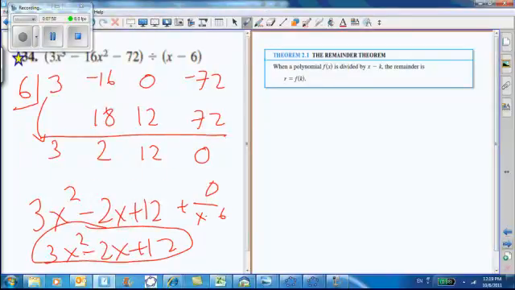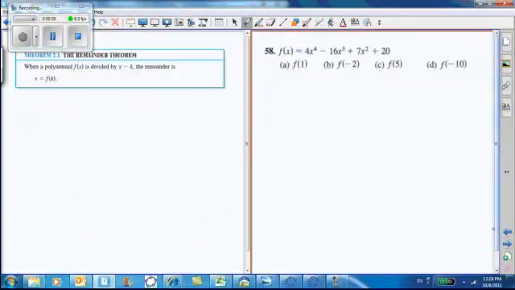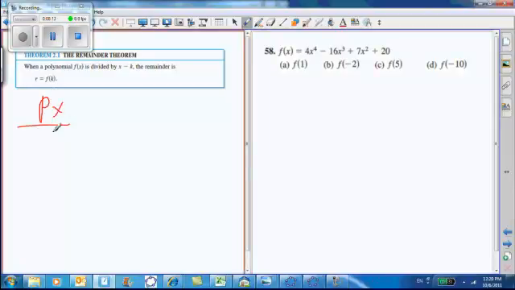Now the remainder theorem gets at the fact that we can find remainders quickly. And this comes from the idea that when a polynomial is divided by x minus k, the remainder is f of k. Why? Well, here's the proof. If you take a polynomial p of x and divide by x minus k, you're going to get some quotient polynomial plus a remainder also divided by x minus k.